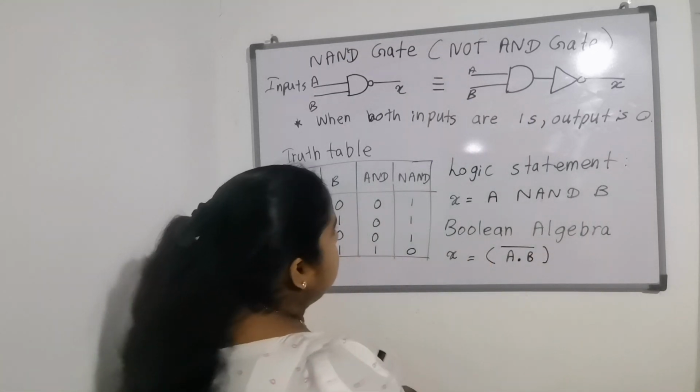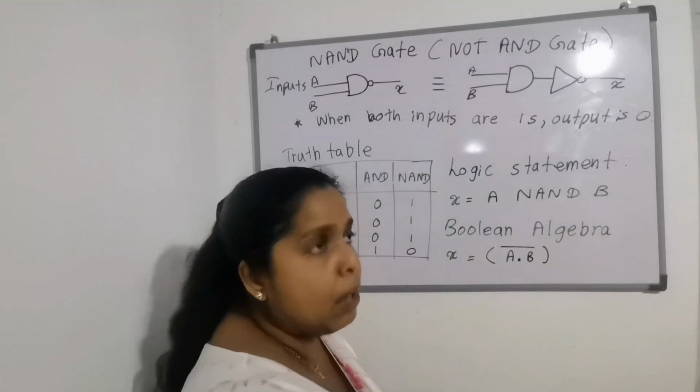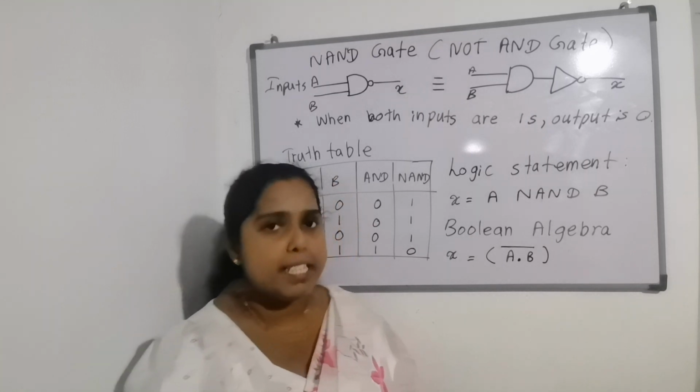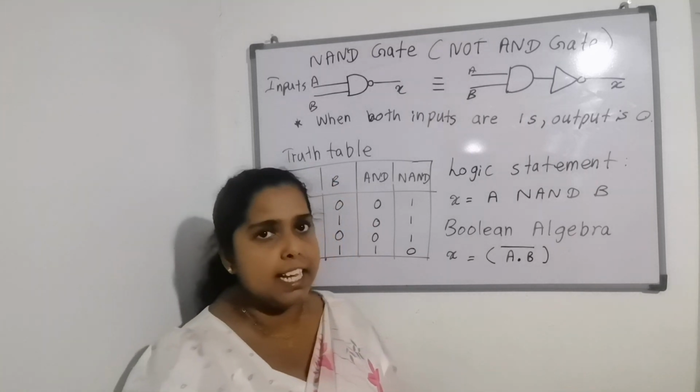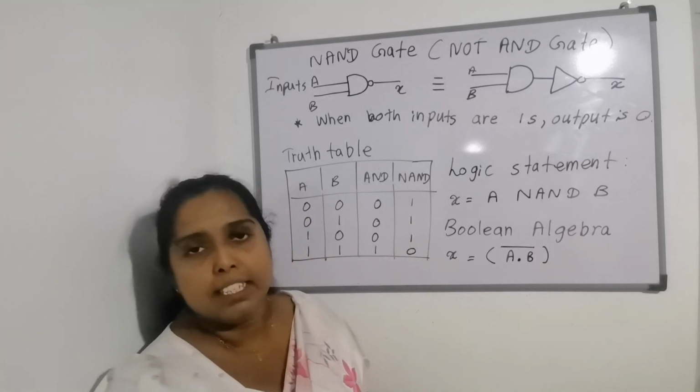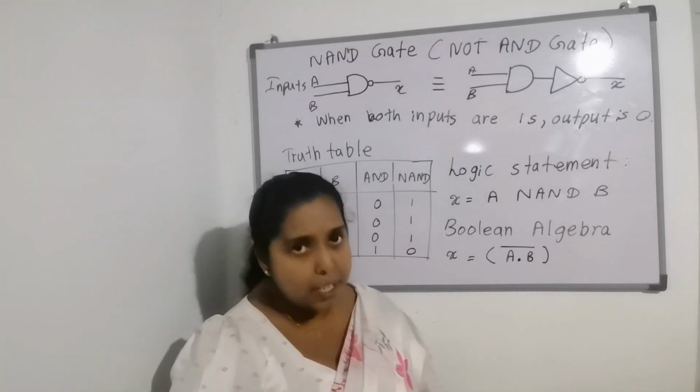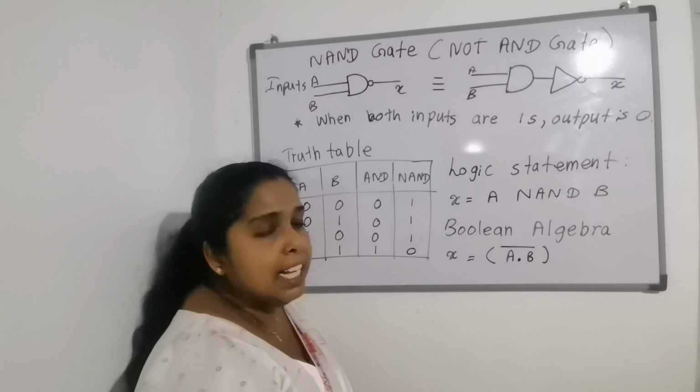Right. Now let's see the other basic logic gate. Now we have discussed two basic logic gates, the NOT gate and the AND gate, and one combinational logic gate, the NAND gate. Now let's see the OR gate, the final basic logic gate.